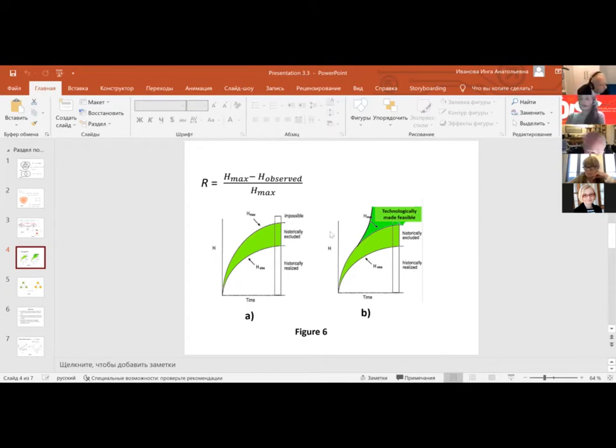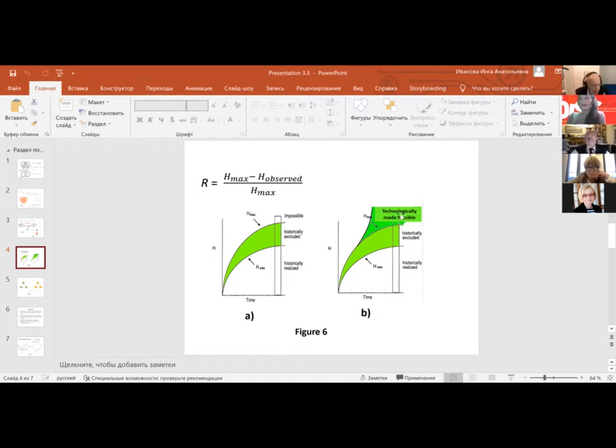And it's crucial for technical systems, historically realized. But for social, self-organizing systems, there is another obstacle, technologically made feasible. What does it mean? It means that the system is able to add new options without necessarily realizing them. And we can keep options in mind, and impossible options could be made possible because of cultural and technological evolution, thanks to technological progress.